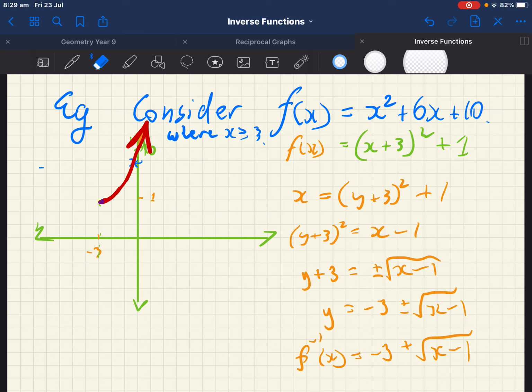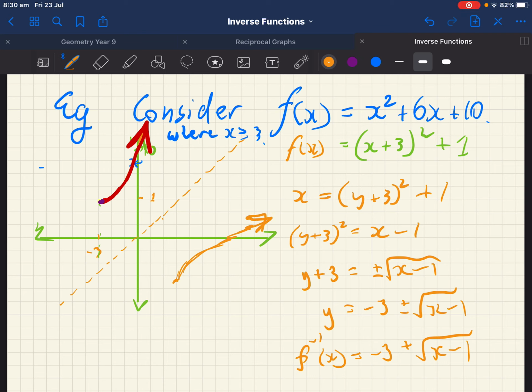What would it actually look like? We're exploring the geometric properties here. Well, let's put in this line y equals x. The inverse function, -3 plus the square root of x minus 1, would actually be a graph that looks like this.